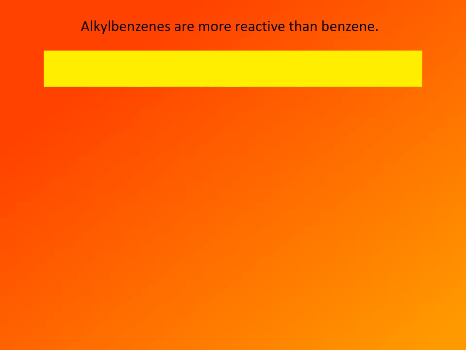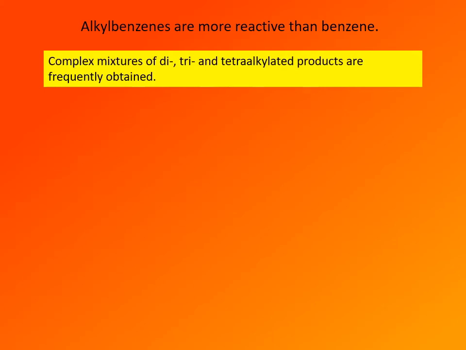The products will then be dialkylbenzenes, and dialkylbenzenes are even more reactive, so they get alkylated again, and we end up with trialkylated benzene, then tetraalkylbenzene, and eventually further alkylation stops because of steric hindrance. But nonetheless, we end up with complex mixtures of di, tri, and tetraalkylated products.